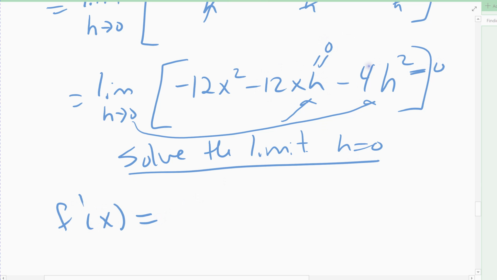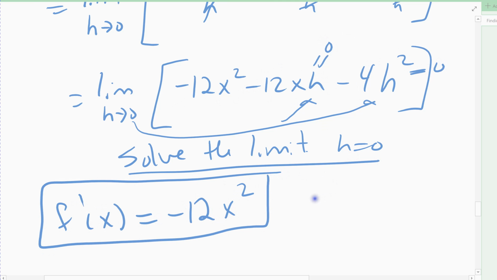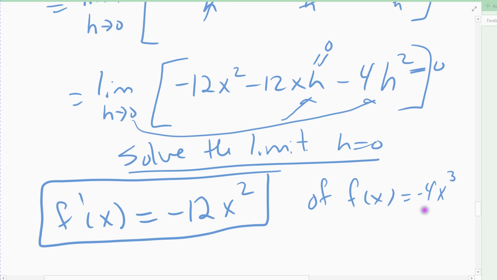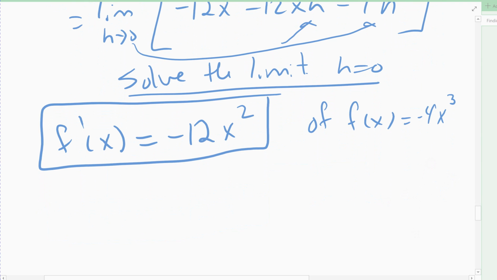Then that's gone, and the only thing left over is negative 12x squared, and there's my derivative of f of x. The derivative of negative 4x cubed is negative 12x squared. All right, now we'll use it.